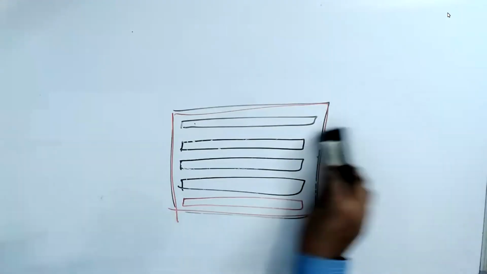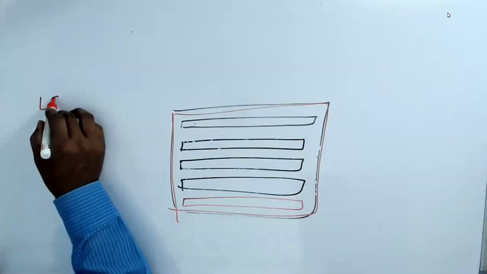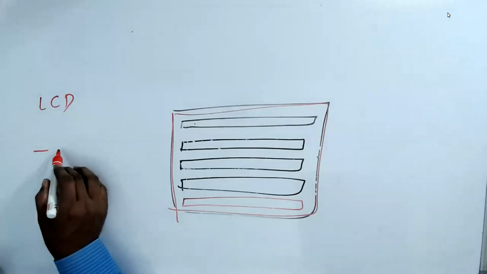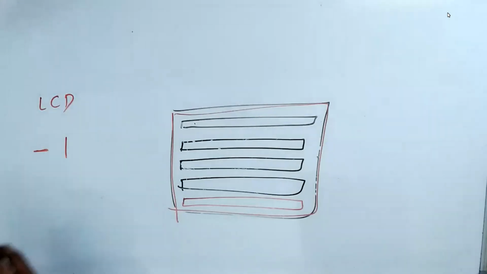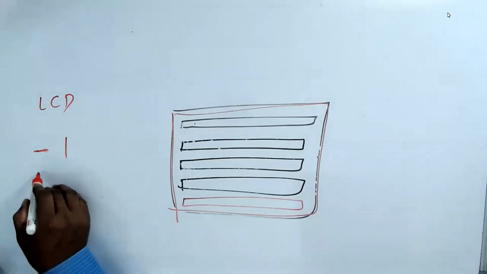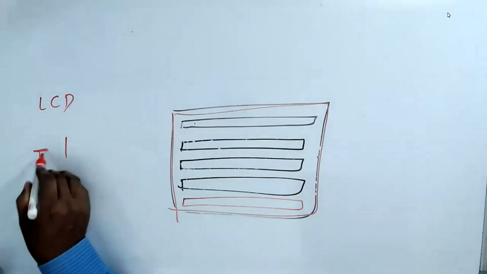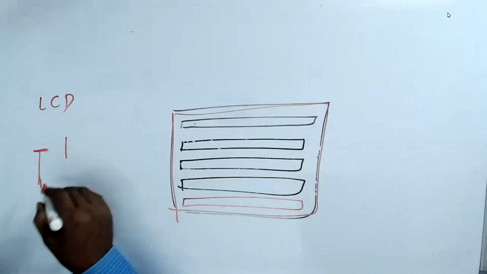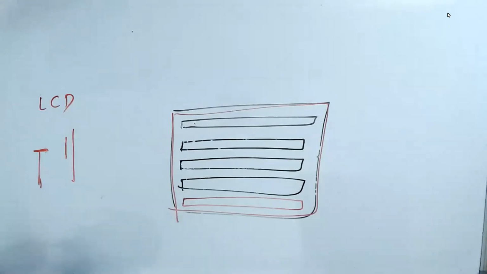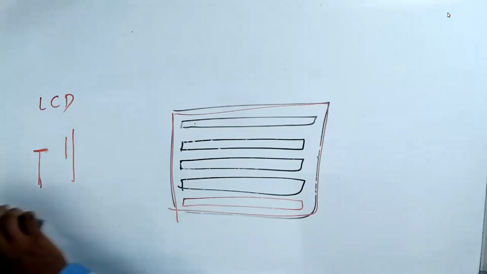So what you are doing in the LCD display is you make the liquid crystal to block or allow. If you block, that dot is dark. If you allow, then the dot is visible to you. That is what you are making on the LCD display. Please understand what is LCD display. We are not going into that here.